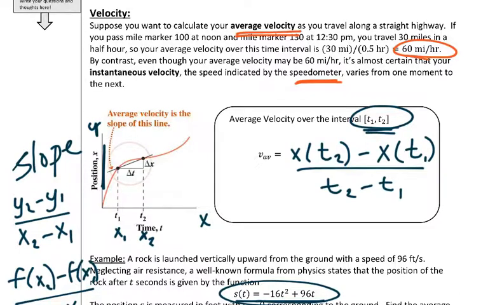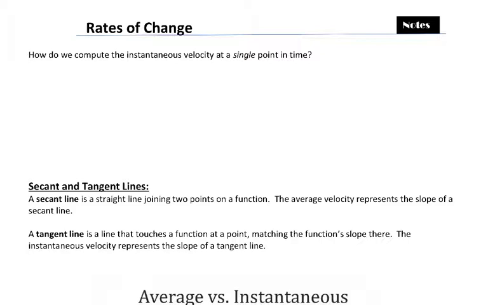So if we're looking for instantaneous velocity, we're looking for a particular moment in time. If we look back here, it says, how do we compute the instantaneous velocity at a single point in time? You haven't learned yet how we're going to do that, but one way that we can think about it is we want to look at what happens as we get closer and closer to that specific point in time.